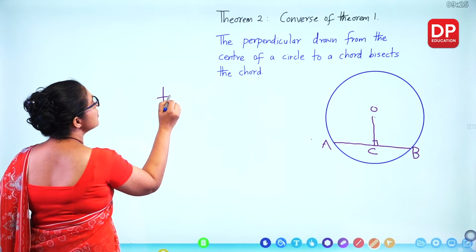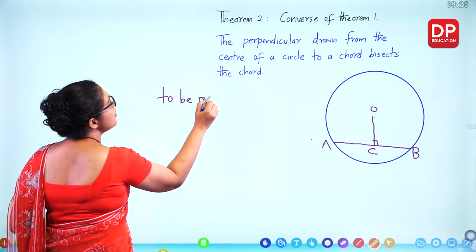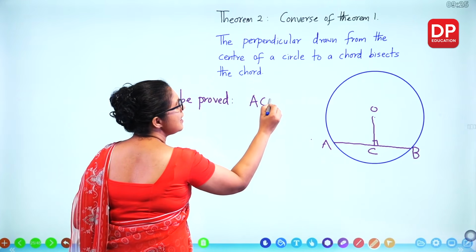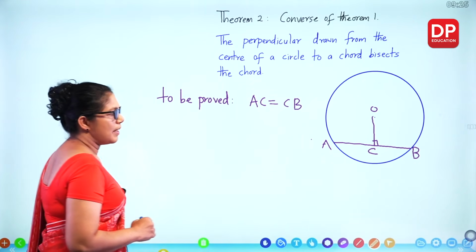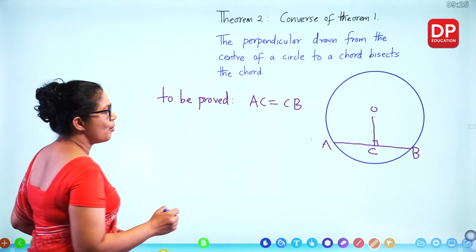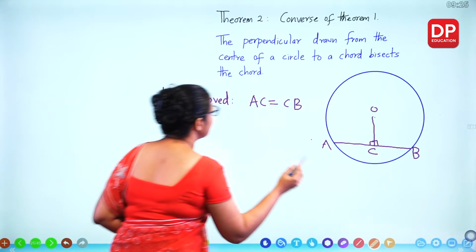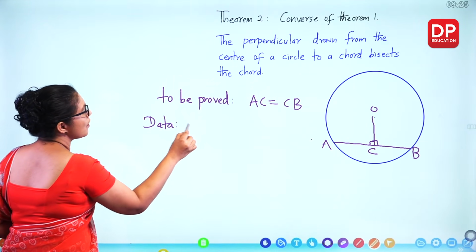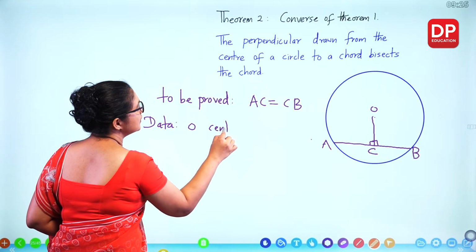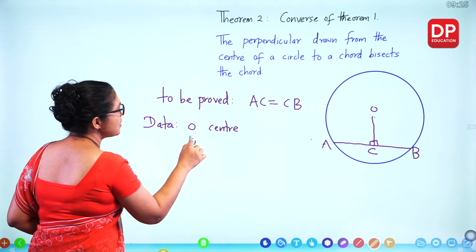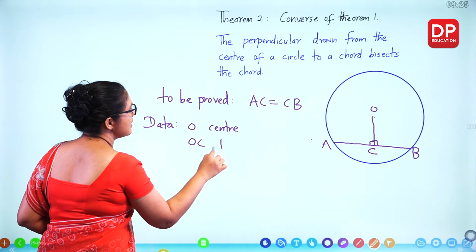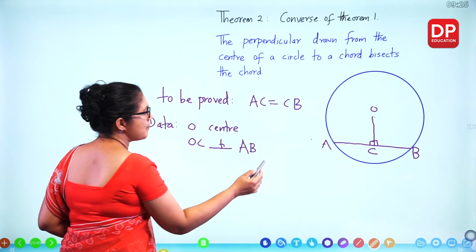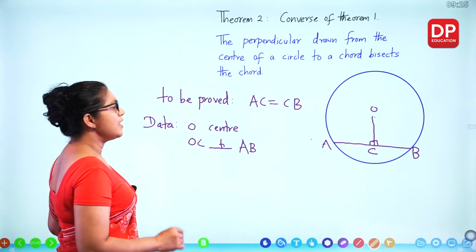So here what you need to prove? We need to show that AC is equal to CB. What do we know? We know O is the center and OC is perpendicular to AB. So that means this is 90 degrees. We already know that.